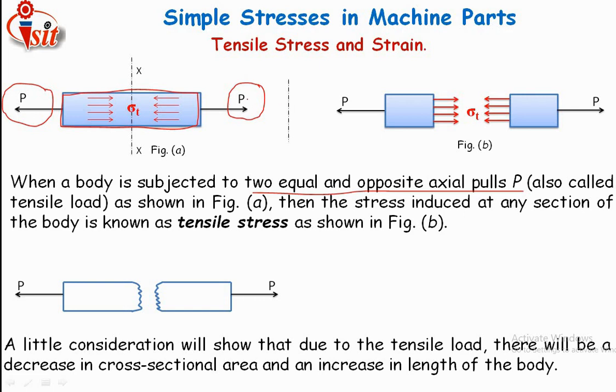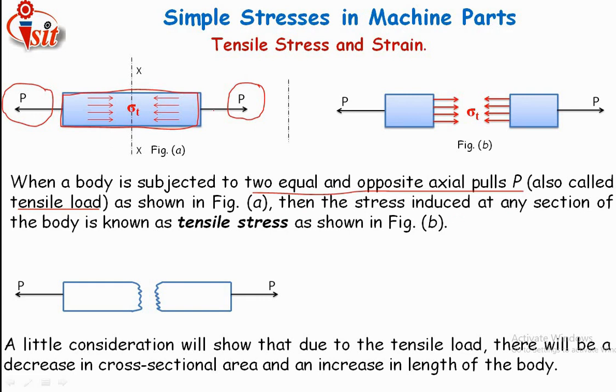It is also known as the tensile load because the direction of force is away from the center of the body. That means we are pulling. These are known as the pull forces. We are pulling the body by application of two equal and opposite axial pulls, also called tensile load, as shown in the diagram. Then the stress induced at any section.